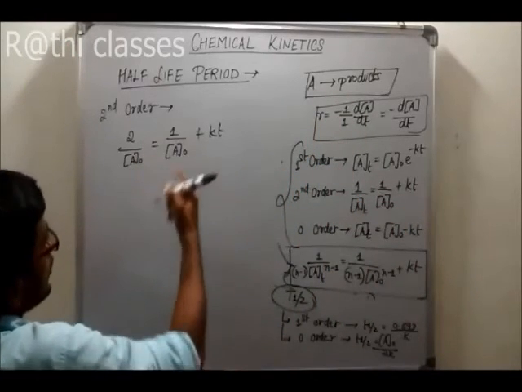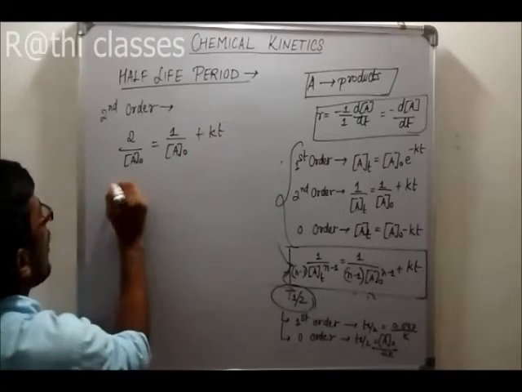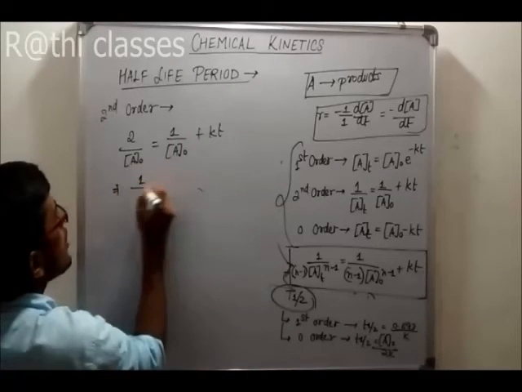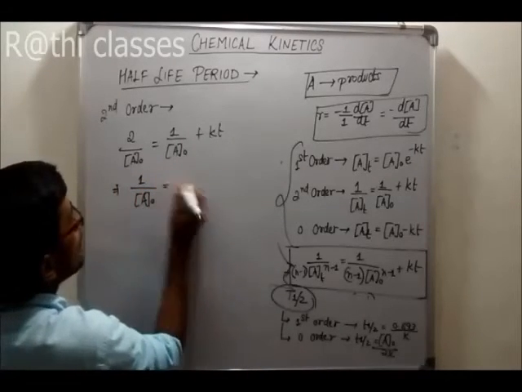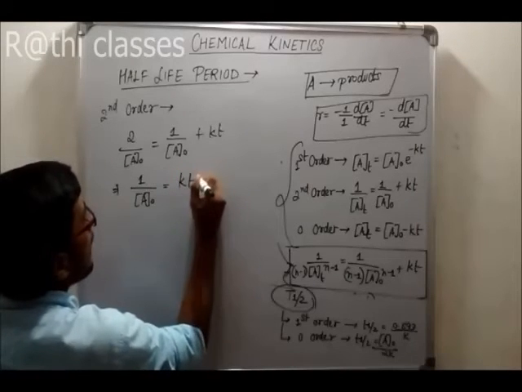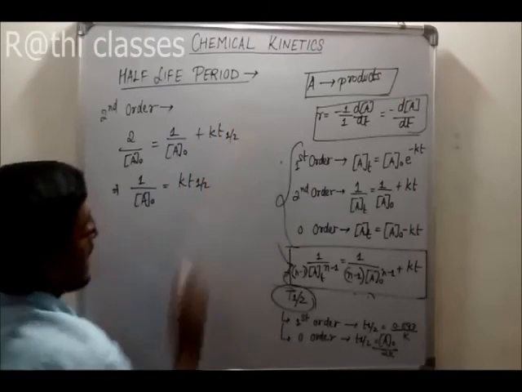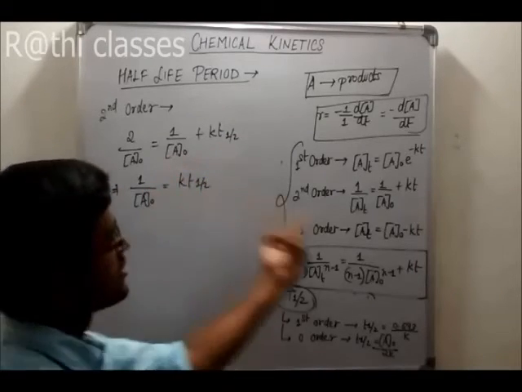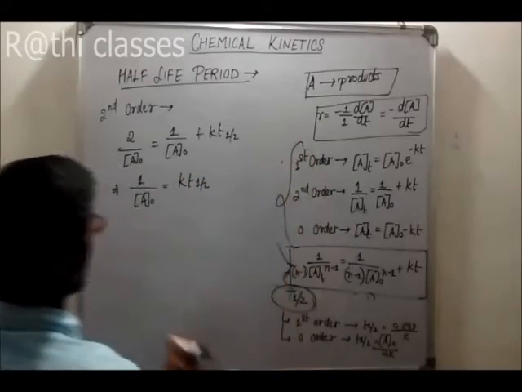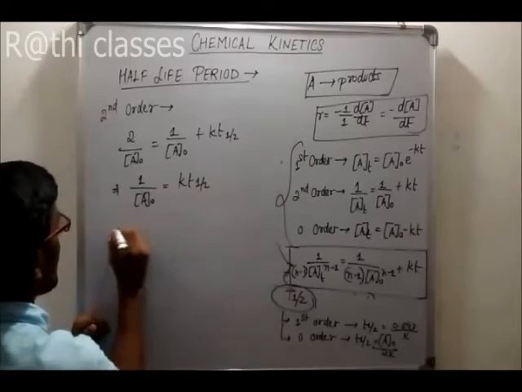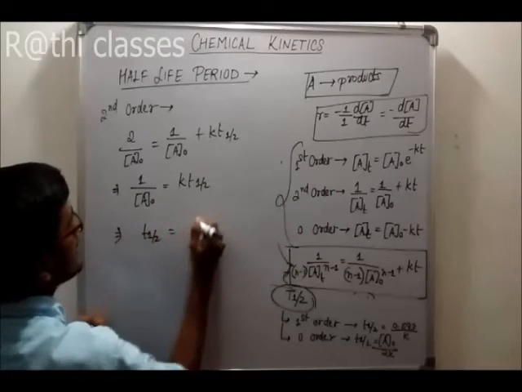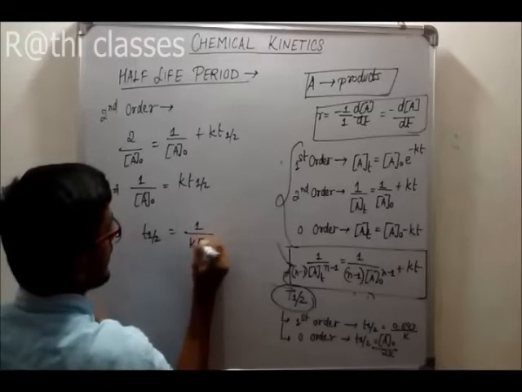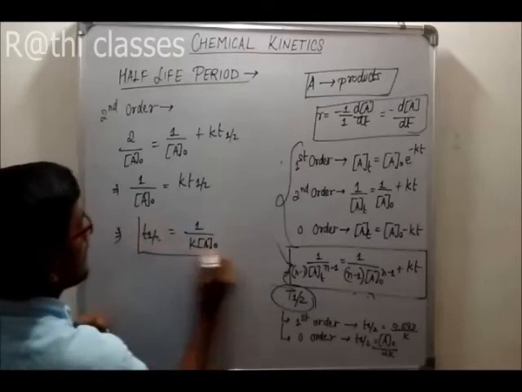So 2 upon A naught is equal to 1 by A naught plus KT, or taking this term here I can write it as 1 upon A naught is equal to KT half. I replace T by T half because this will be the half-life period when the concentration changes to half of its initial value. So 1 by A naught is equal to KT half, or T half is equal to 1 upon Ka naught.